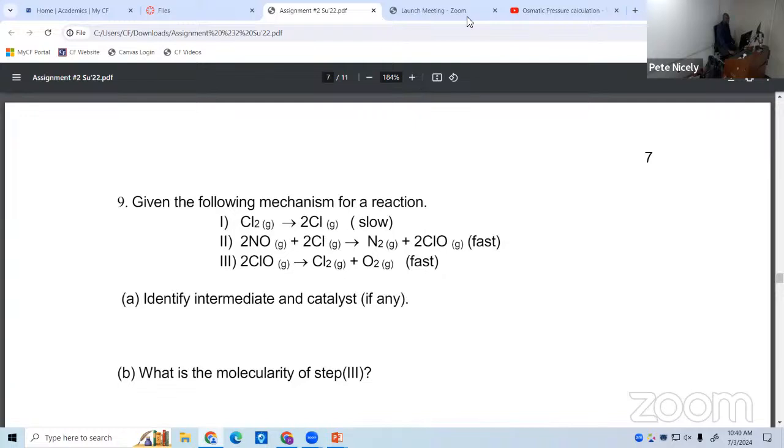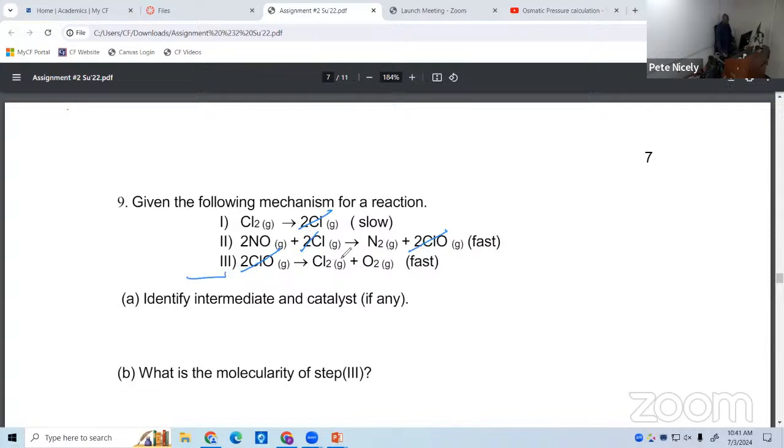Now, you should know from your previous chemistry experience, when you're adding 2 or more equations, any items that are on either side of the equation, you're going to cancel out, right? So that means that in this case, this chlorine will cancel out that chlorine, this 2ClO will cancel out this 2ClO, and I think that's it.